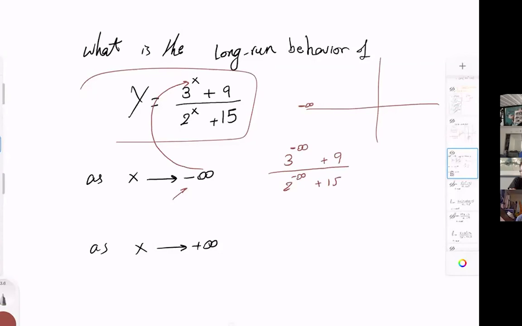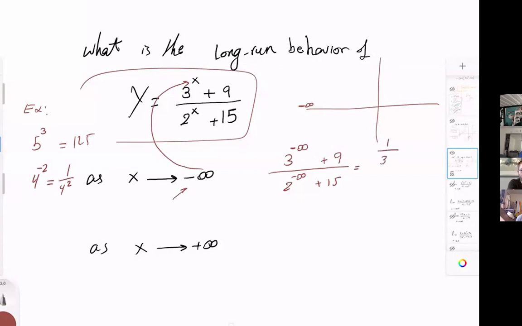For example, what is 5 to the power of 3? 5 times 5 times 5 is 125. What is 4 to the power of negative 2? You have to make it positive first, and then it's 1/16.